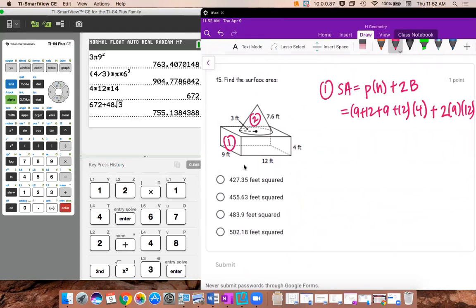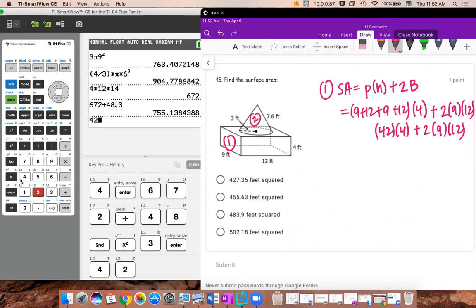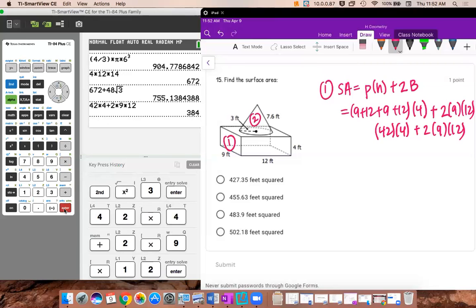If I simplify this a little bit, 9 plus 12 plus 9 plus 12 becomes 42 times 4 plus 2 times 9 times 12. Then we're just going to plug that in. So we get 384 feet squared because we're working with surface area.